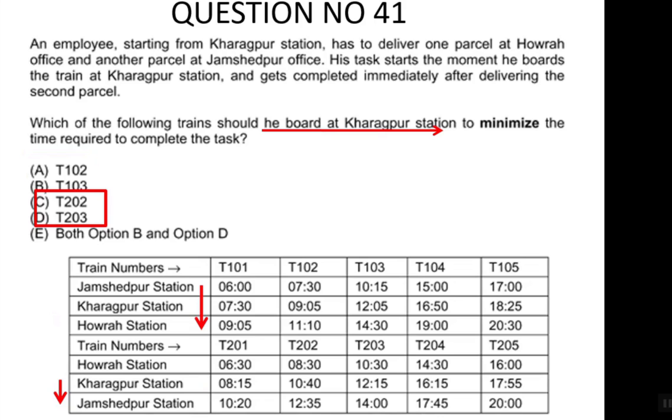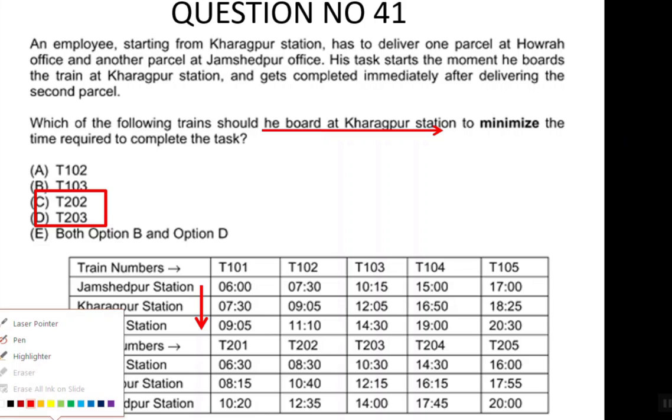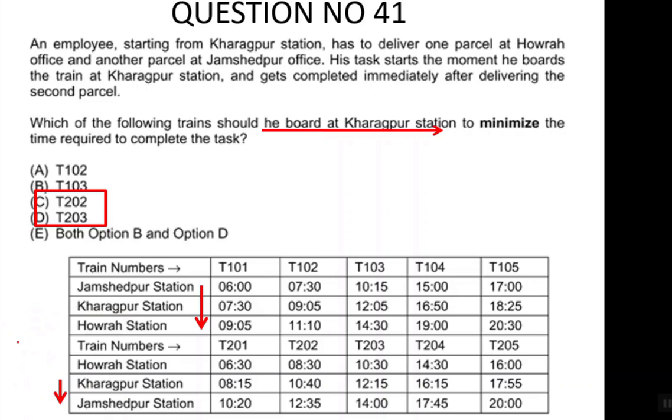Just like the previous questions, we have to keep in mind that once he reaches Jamshedpur or Howrah station from Kharagpur, he must get a connecting train after exactly 1.5 hours. So let us try to understand with the help of the options how he can do that.